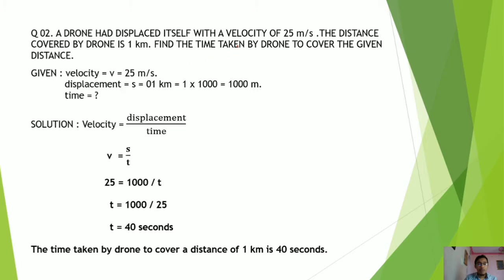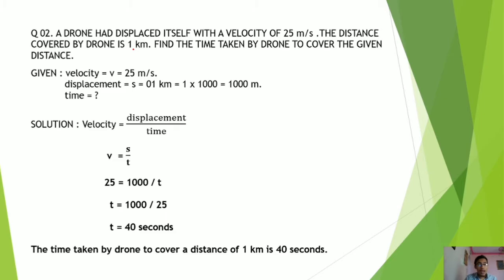In this question, we have been provided with the velocity of a drone. There is one drone which has displaced itself from initial position to final position. The velocity of that displacement was 25 meter per second, and the distance covered by the drone is 1 kilometer.